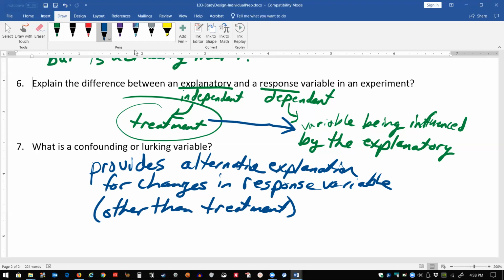So if we were doing that stat study that I told you about, we're researching the effects of this new teaching strategy on final exam scores in a stats class. Well, so I give the teaching method to my treatment group, and it turns out that treatment group did perform better on the final exam than the control group. Well, can you think of any other explanations for why that treatment group could have performed better?